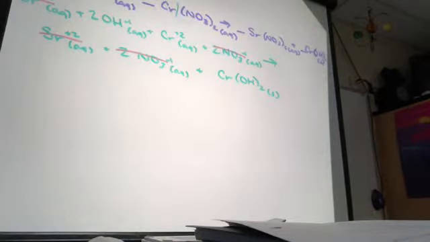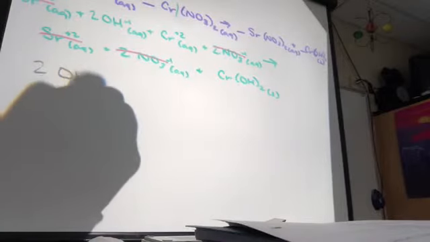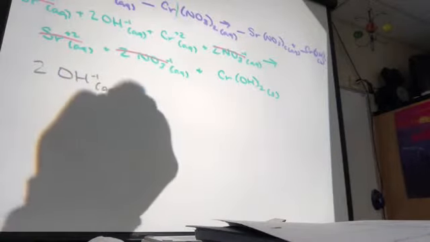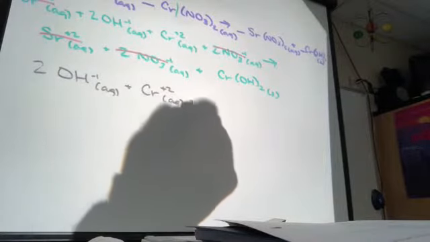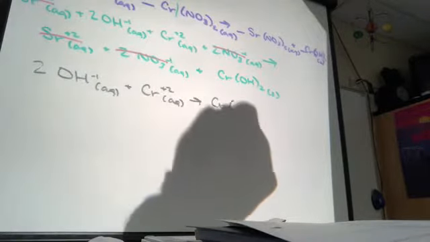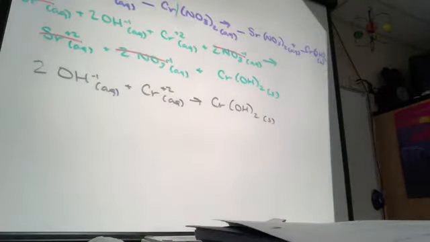So I have 2 OH-1 aqueous plus Cr+2 aqueous yields Cr(OH)2 solid.